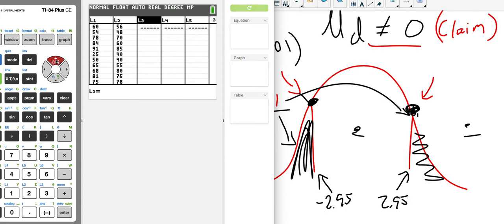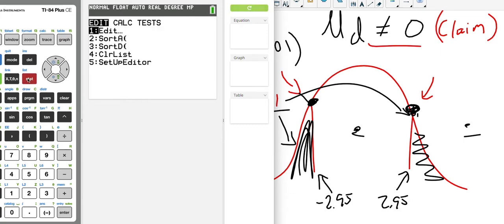What we want to do is take L1 minus L2 again for column number 3. Hit enter, and it fills in all the data for us. Okay, so now we want to do a t-test on L3.